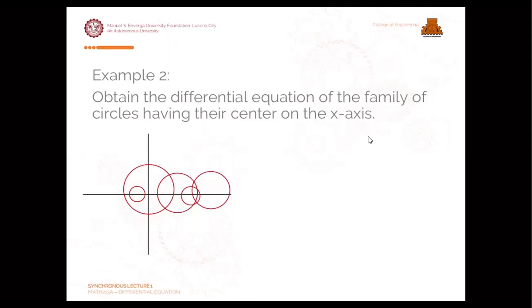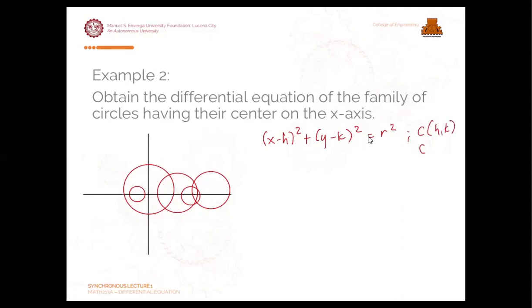So, again, standard equation ng circle. So, okay, x minus h squared plus y minus k squared is equals to r squared. Okay? So, dito, kung nasa x-axis lang siya nagbabago, ibig sabihin, hindi siya tumataas, hindi siya bumababa. Sabihin, yung center natin is hk yun.